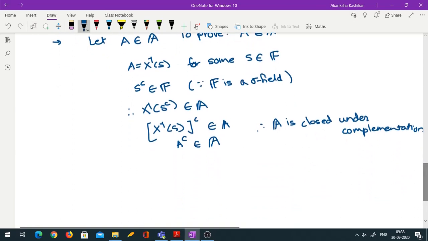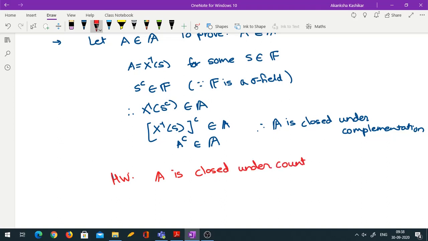So now as homework, try to prove that script A is closed under countable union. What do I mean by that?